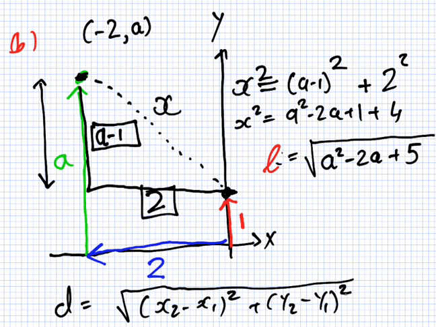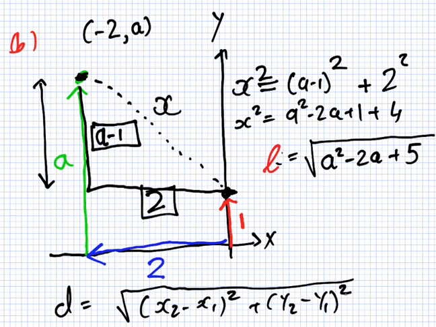Now, this formula is not in the formula book, and it's not actually on the syllabus, which makes me think that they probably expected students to do this using Pythagoras, because Pythagoras is on the syllabus, and I think it is in the formula book anyways. But if you knew that formula, I would accept it if you wanted to use it. It is acceptable.